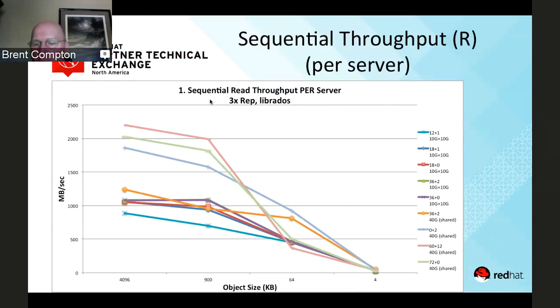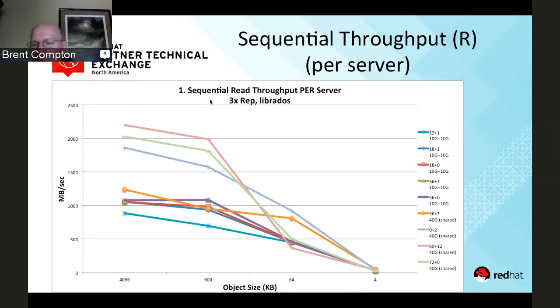So we followed our nomenclature through all of these graphs, except for one exception: 0 plus 2. You'd say, well, that doesn't make any sense. How could I have 0 OSDs and only write journals? Well, we didn't stay true to the nomenclature.